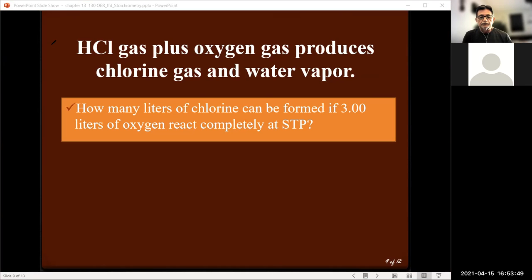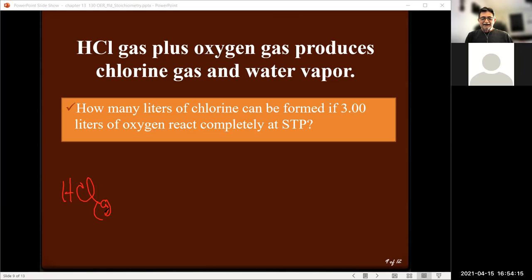Let's do this. We have HCl gas. So we're starting off with HCl gas. Obviously we're not in the aqueous system. This would be called hydrogen chloride, because it's in the gas form. And if it's aqueous, HCl is called hydrochloric acid.